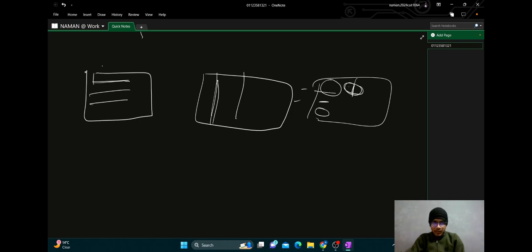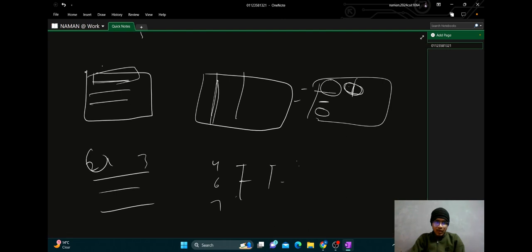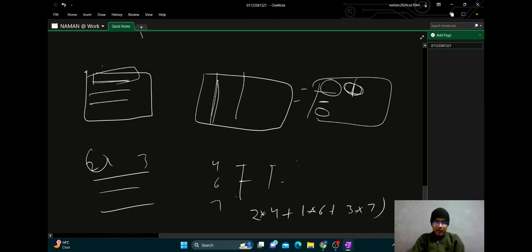So it is like this. For example, 2 1 3, and here, for example, 4 6 7. Any matrix like this. So how is matrix multiplication done? 2 into 4 plus 1 into 6 plus 3 into 7.